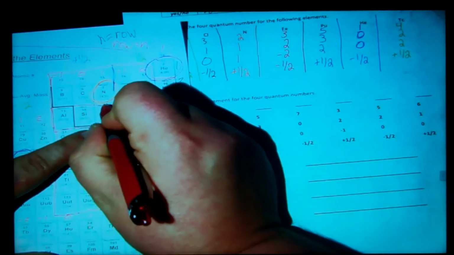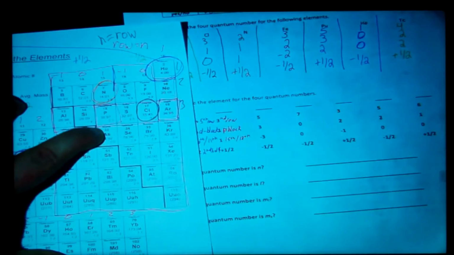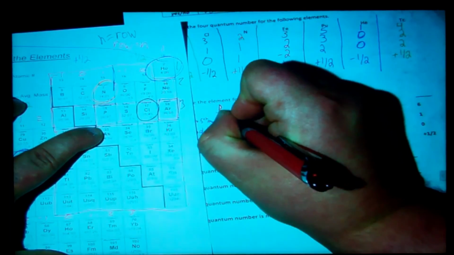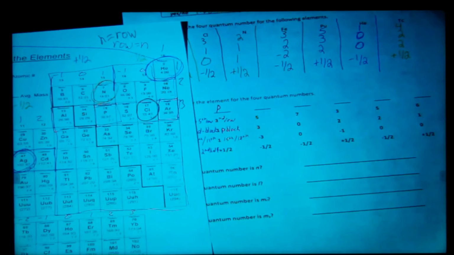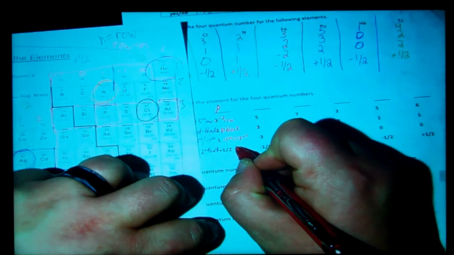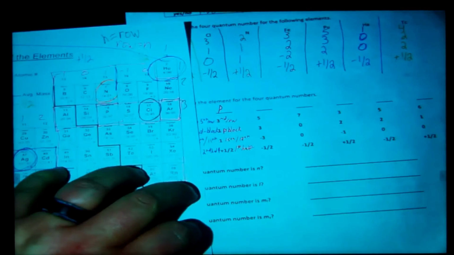So I've narrowed it down between phosphorus and argon. So then the plus 1/2 tells me the first half, which tells me this is phosphorus. Atomic number 15. First half. Alright?